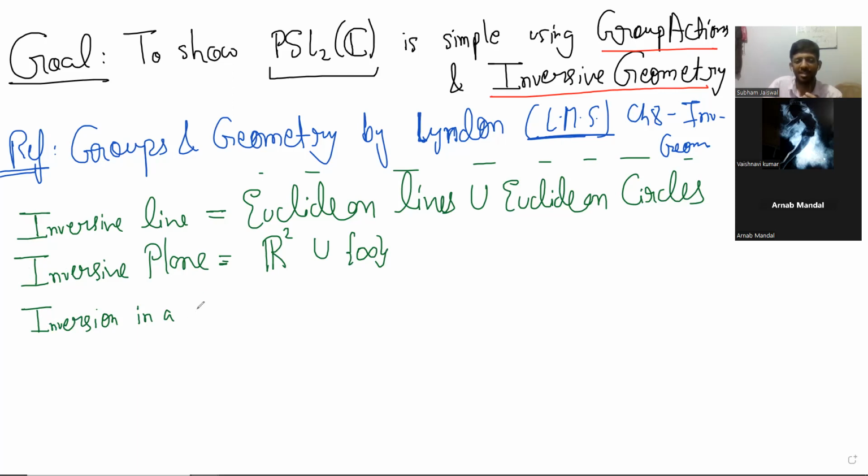But anyways, inversion in a Euclidean circle, this is going to be a function. No, let me change it. Inversion in an inversive line.